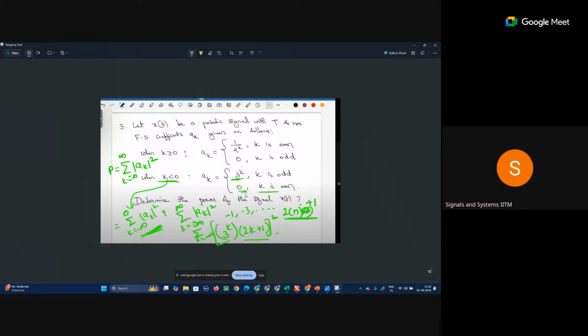And we will be doing this part, from k is equal to 0 to infinity, one by 2 power k into, actually, it is even 2k. So till this part you are clear, right? Yes.